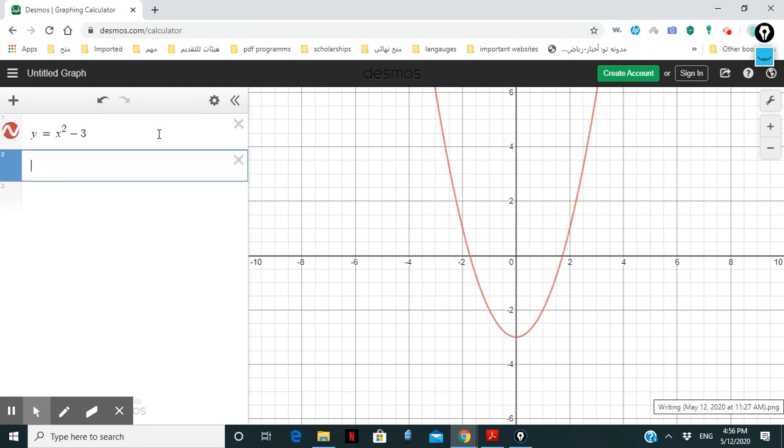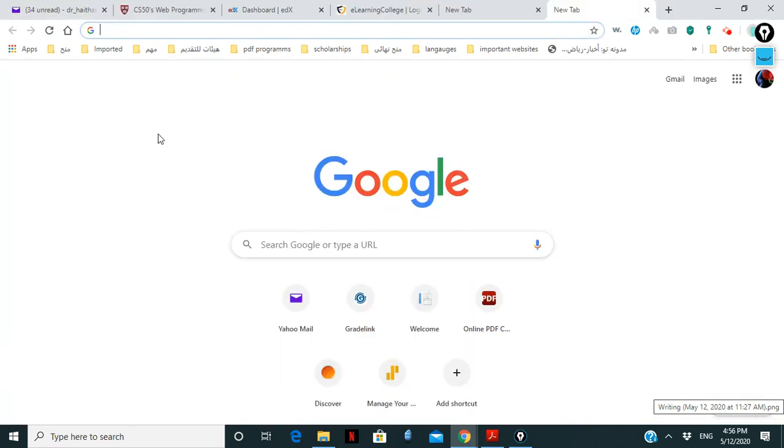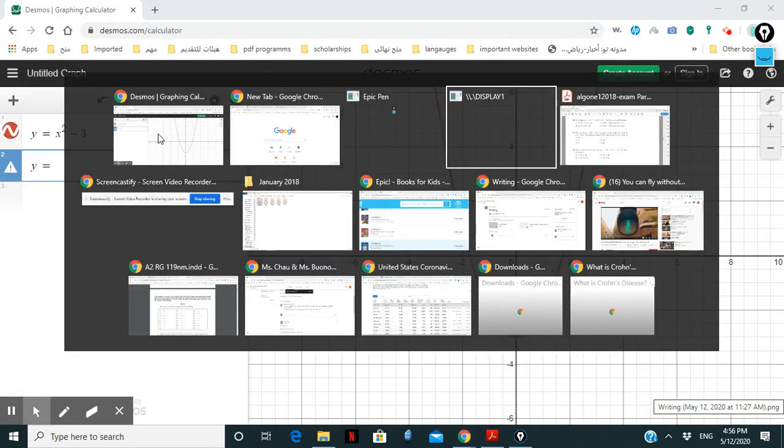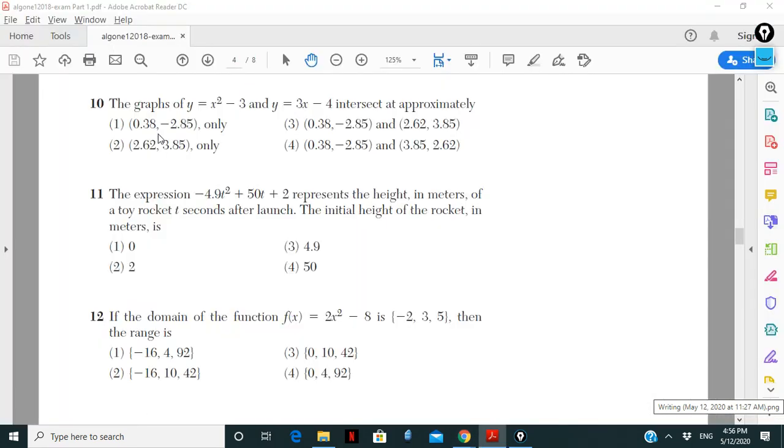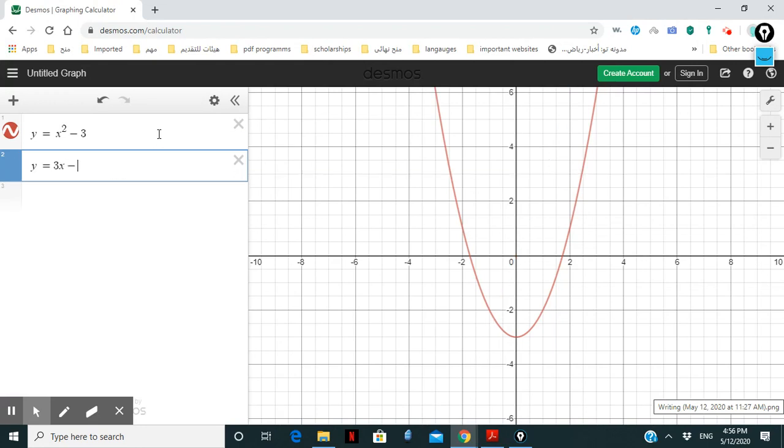Second one, y equals, what was the equation? 3x minus 4. Now, look here, when I stop, it gives me the exact value.